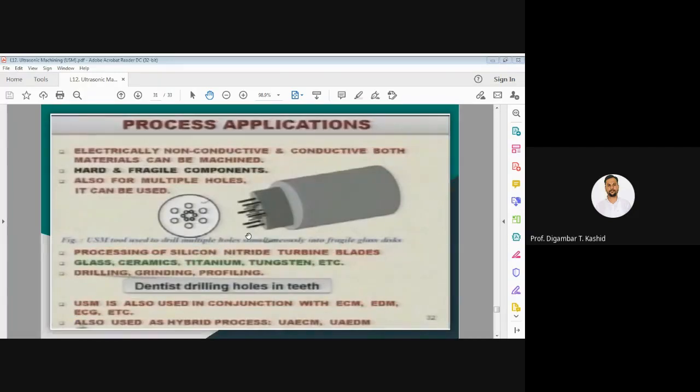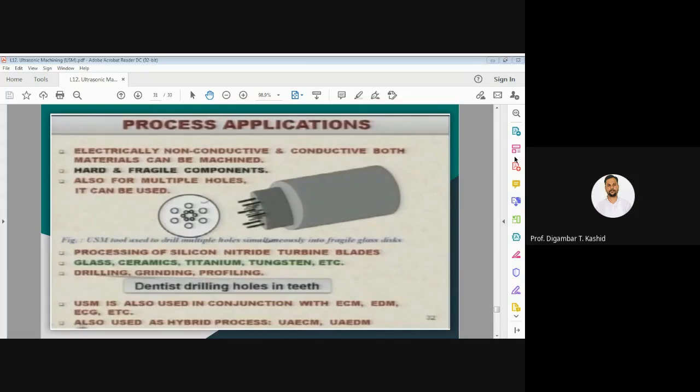Now let us discuss the process applications. Okay, so this is the last point. This ultrasonic machining process can be applied for electrically non-conductive as well as conductive material.